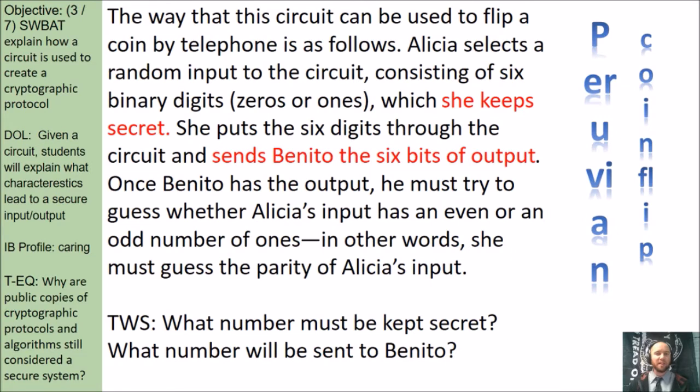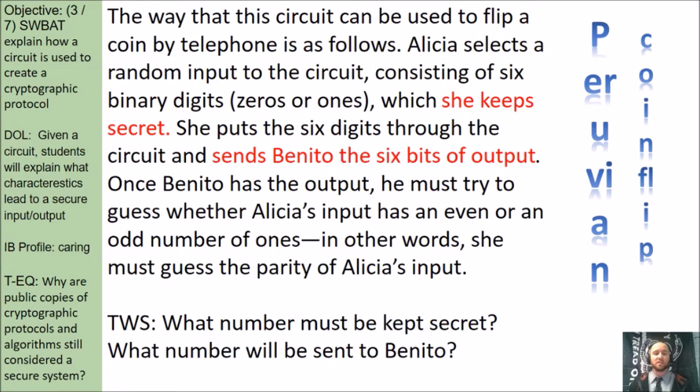The way that this circuit can be used to flip a coin by telephone is as follows. Alicia selects a random input to the circuit, consisting of 6 binary digits, 0s or 1s, which she keeps secret. She puts the 6 digits through the circuit and sends Benito the 6 bits of output. Once Benito has the output, he must try to guess whether Alicia's input has an even or an odd number of 1s.